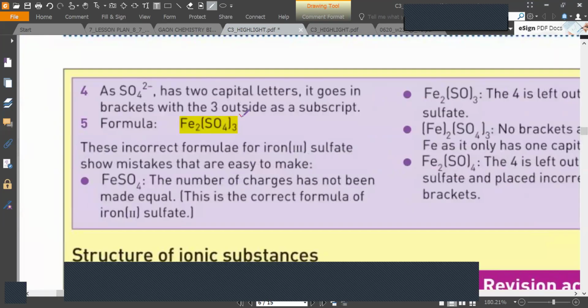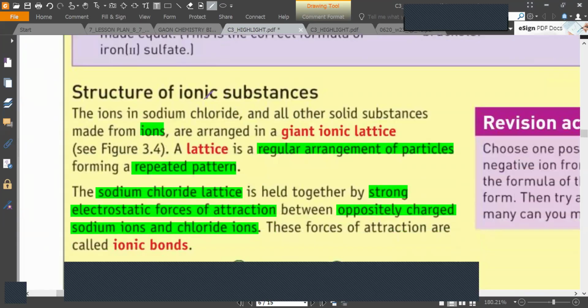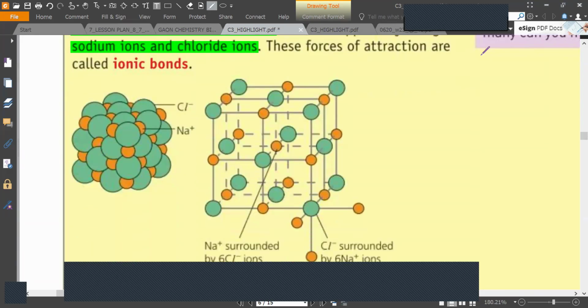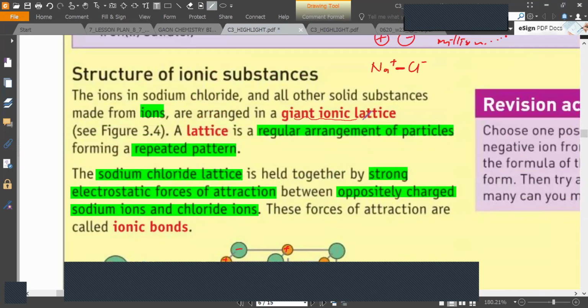Structure of ionic substances. Just now we already know, for example, sodium plus and chlorine negative will attract each other because they have positive and negative charge. What if we have millions and millions of them? They will arrange side by side like this, and form a giant ionic lattice.